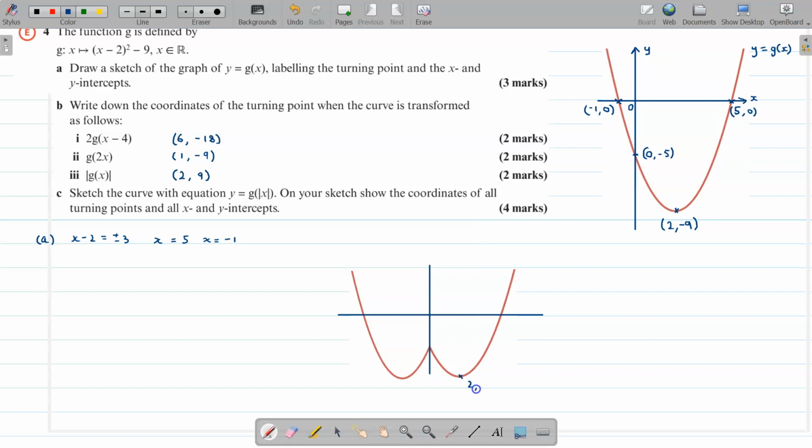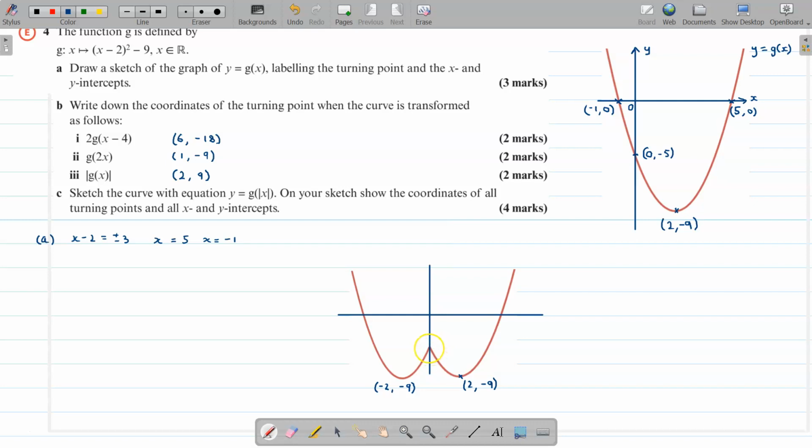So the one on the other side is going to be negative 2, negative 9. Notice it says in the question, label clearly the turning points, in plural, because it's expecting them to be 2. And by the way, you must be aware, this here is not a turning point. This is called a cusp, where the two lines literally switch direction.